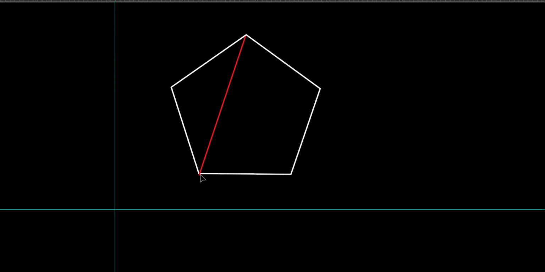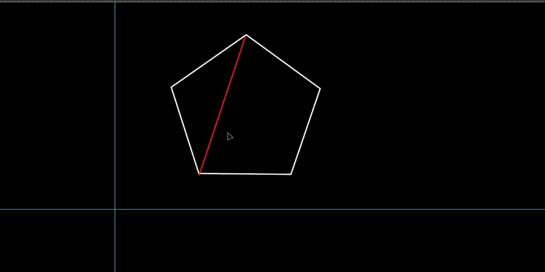This thing right here, if I connect one vertex to another vertex, but you can't connect the one that's right next to it, so you're not connecting from here to here. You're connecting, I think they use a word, non-consecutive vertices. What does non-consecutive mean? Well, consecutive means one right after another. If it's non-consecutive, then it's not one right after the other.